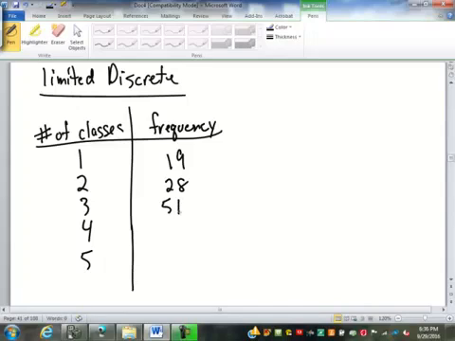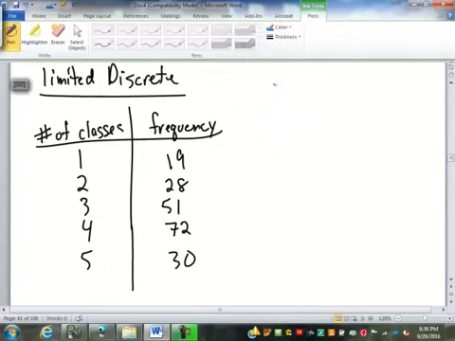We have 51 that are taking 3 classes. Say we have 72 that are taking 4 classes right now, and 30 that are taking 5 classes at a time. So there is our frequency table.